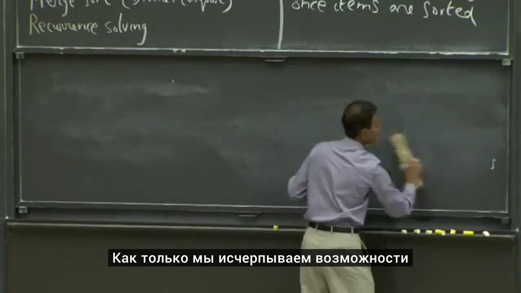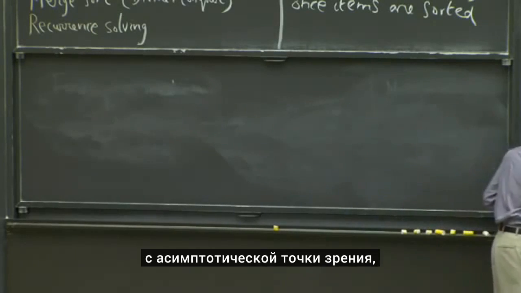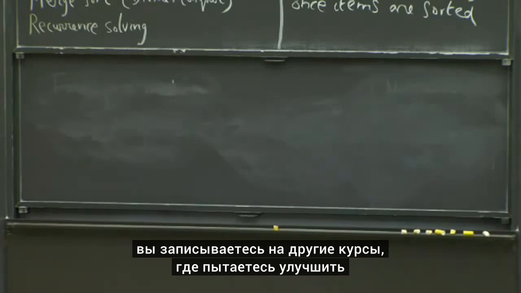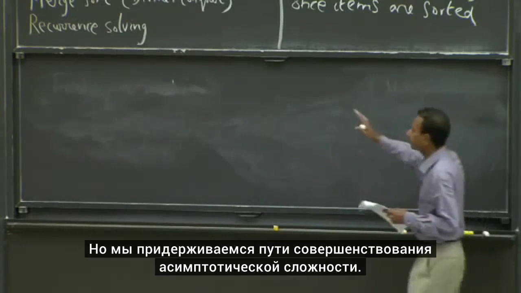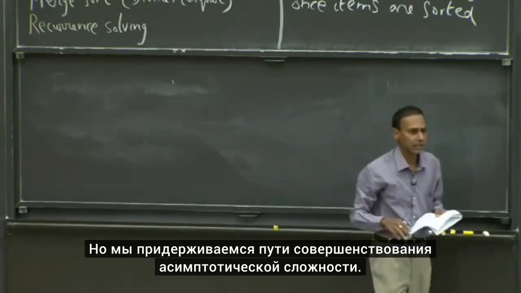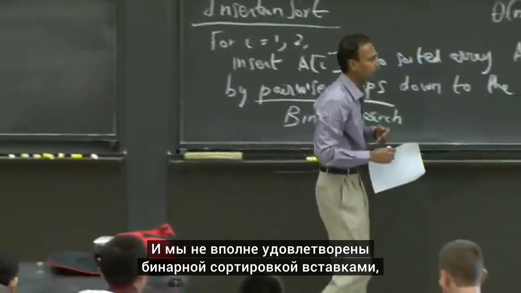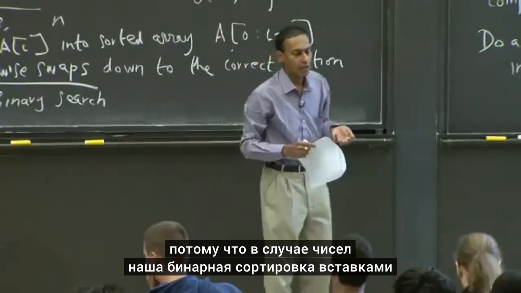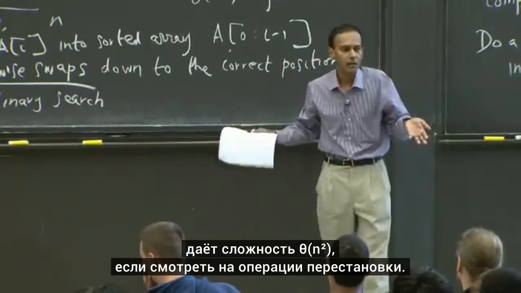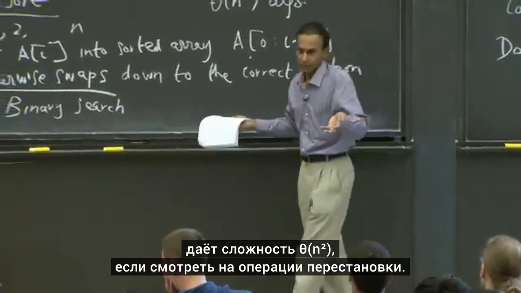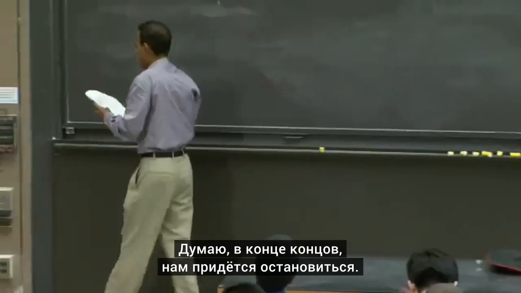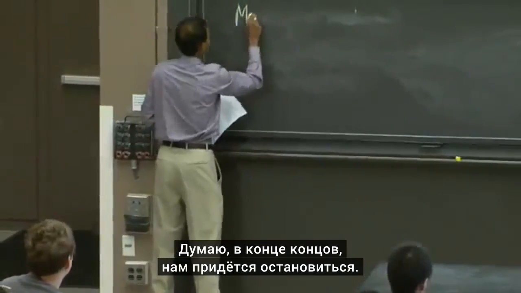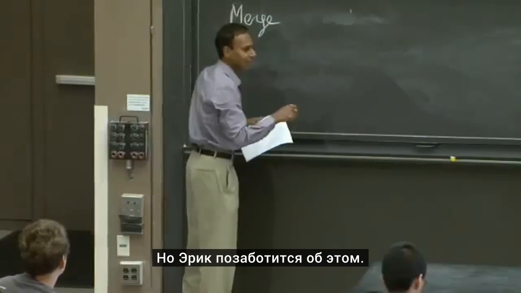And eventually, once we run out of room from an asymptotic standpoint, you take these other classes where you try and improve constant factors and get 10% and 5% and 1% and so on and so forth.